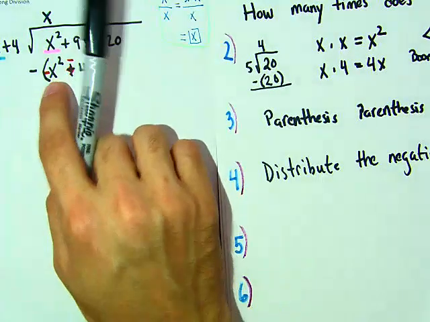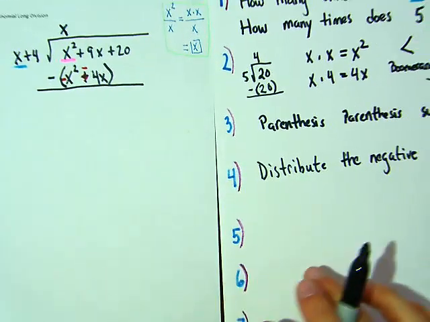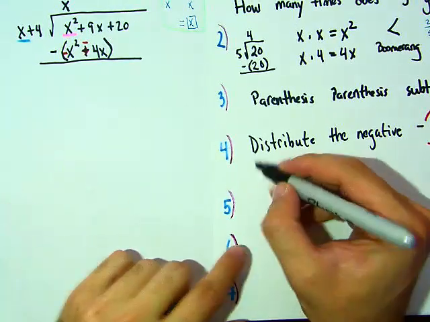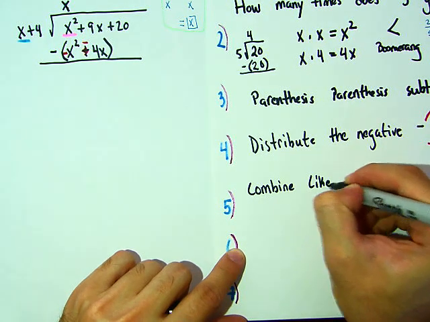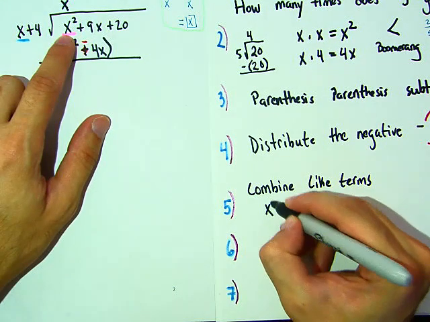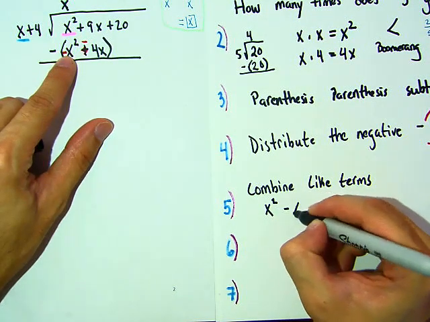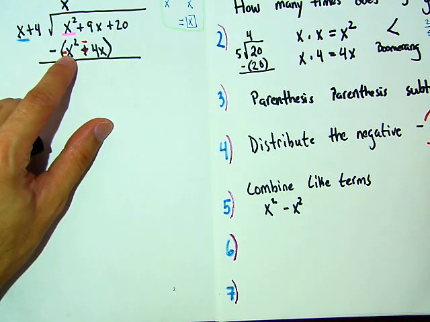And let's speed it up a little bit. So now that we have this, notice what are we going to do next? We're going to combine like terms. Here, notice that this x squared minus this x squared, right? Because this positive x squared became negative.